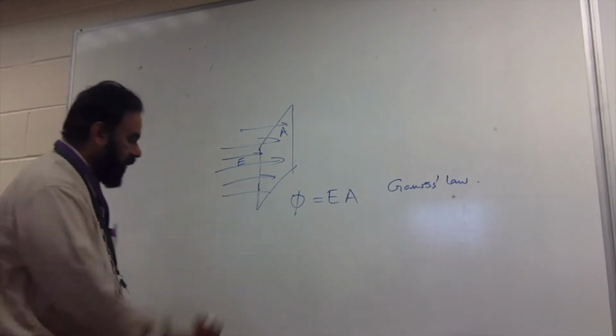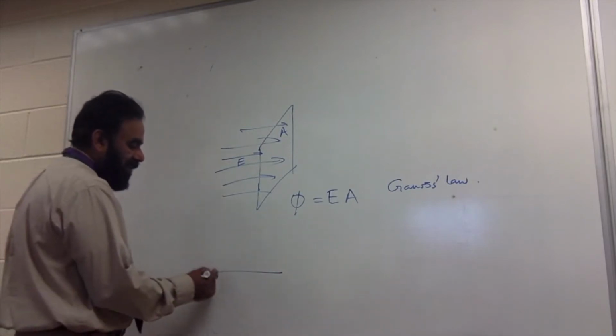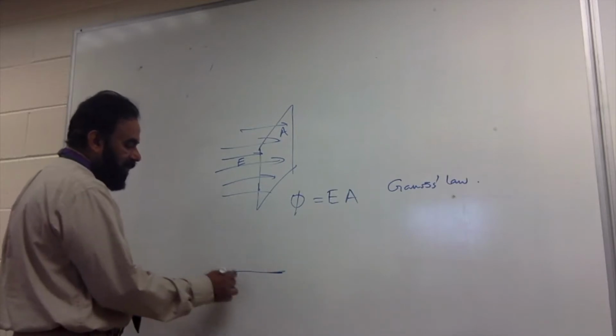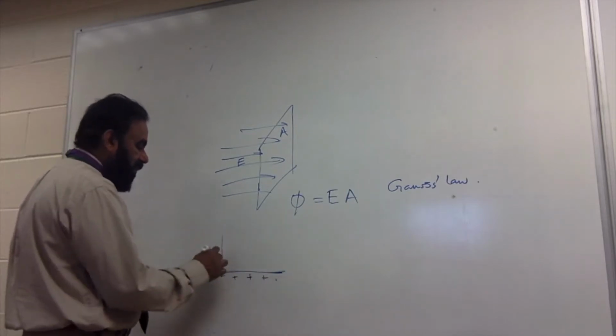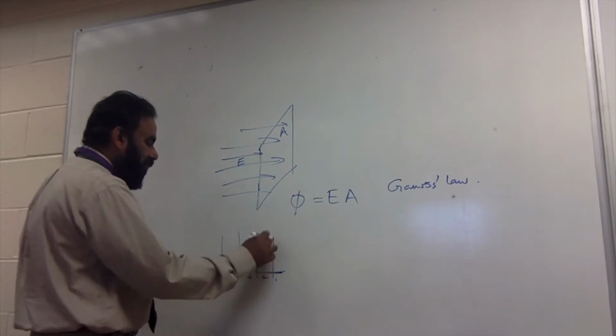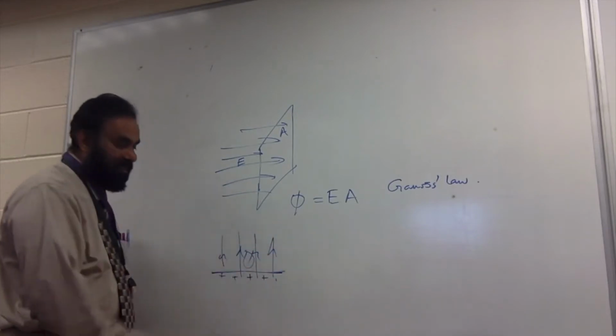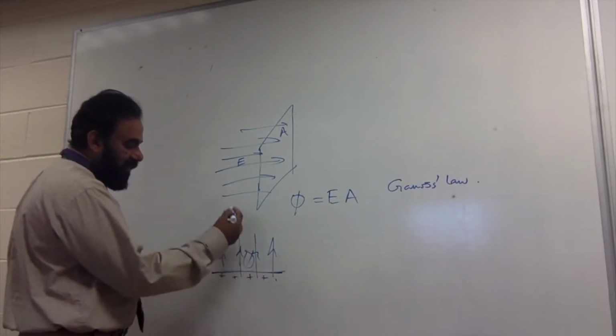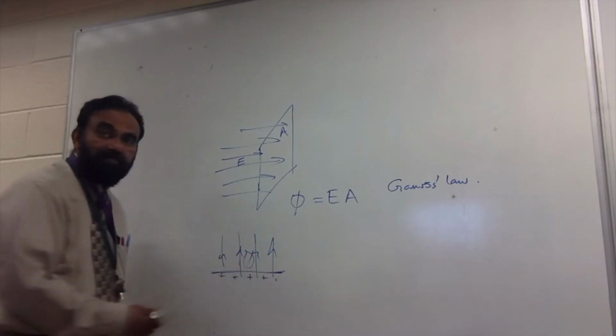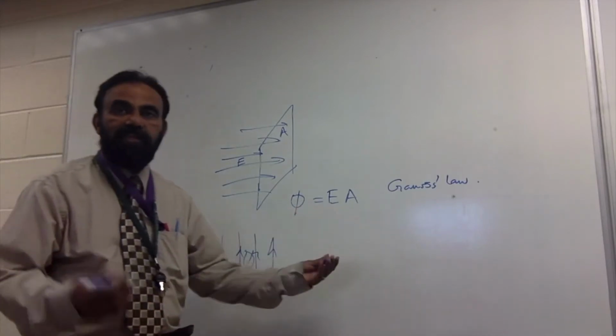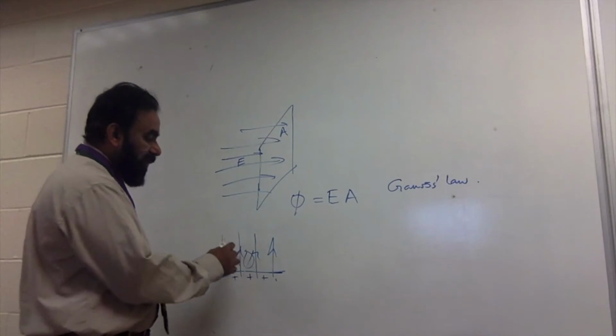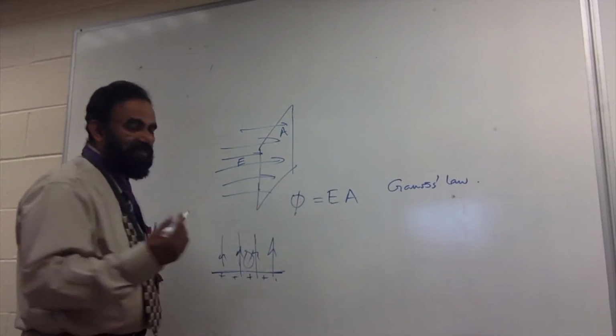So if I have a charged plate, and flux is coming out from it, to know how much flux is coming out, you need to know the electric field times the area. Or if you know the flux coming out and the area, you can find out the electric field strength.